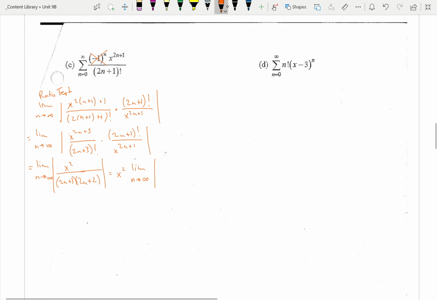And we should recognize that we've got a growing denominator here and a constant numerator. So whatever value of x I pick, no matter how big that x value is, this is eventually going to go to 0. And 0 is always less than 1. Therefore, the interval of convergence is all real numbers.